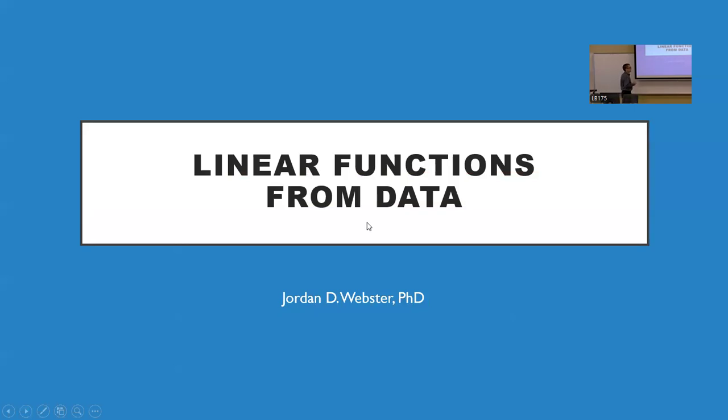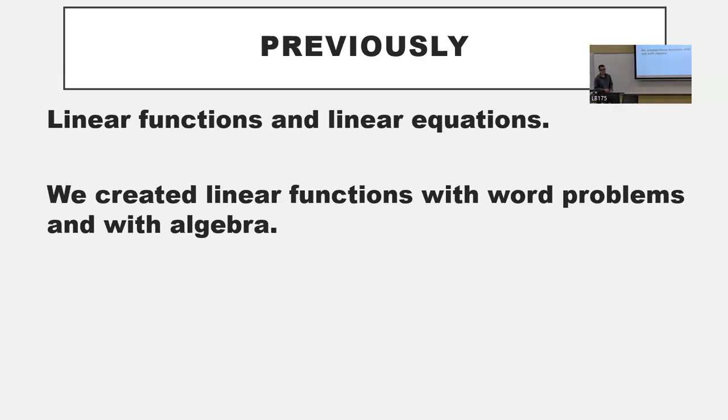So now we're going to get into section 2.4. And 2.4 is on linear functions from data. Obviously, in 2.3, when we were creating these linear functions, sometimes we had 2 data points and we created a line.